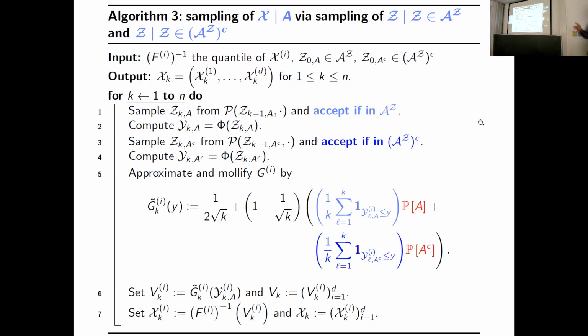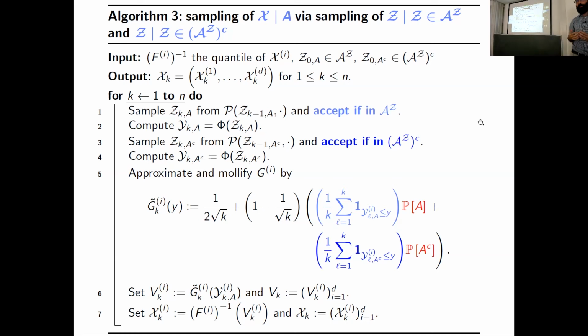Now the big algorithm, which is essentially what we did before. The algorithm is one algorithm for sampling from the conditional distribution of X given A, sampling from the conditional distribution of Z, with Z in A and Z not in A. So how do we do that? We sample a Markov chain Z_K^A, which is a Markov chain that I'm trying to reach the set A, and I sample another Markov chain that's trying to reach the set A complement.